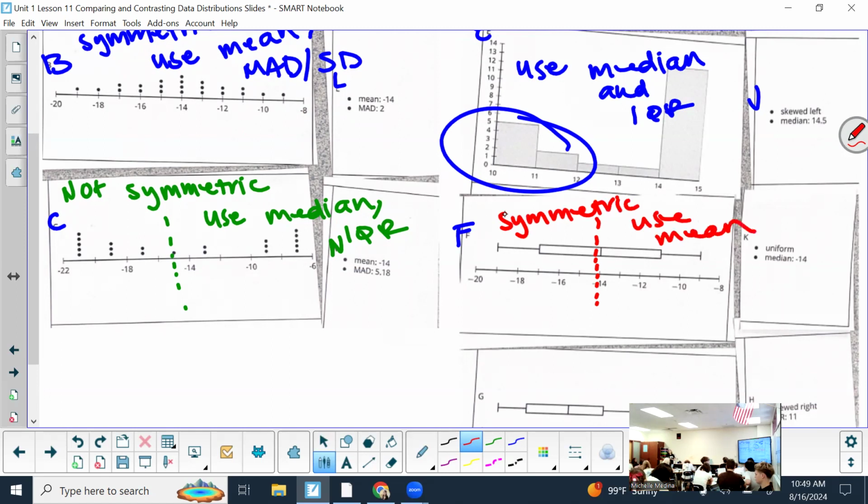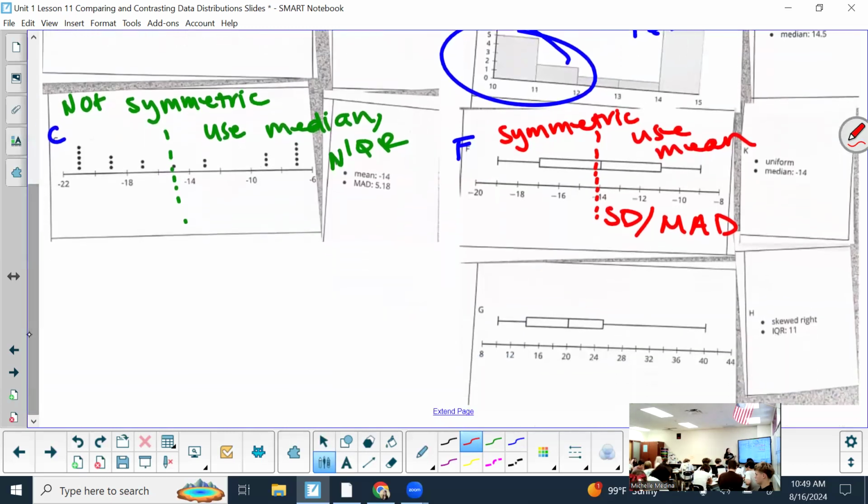And then because it's symmetric, should I use standard deviation, MAD, or IQR? Standard deviation and MAD. So even though it's a box plot, that doesn't mean you always use the median. It told you the median so that you can match it easily. But yeah, the mean is going to be in the middle because it's symmetric.